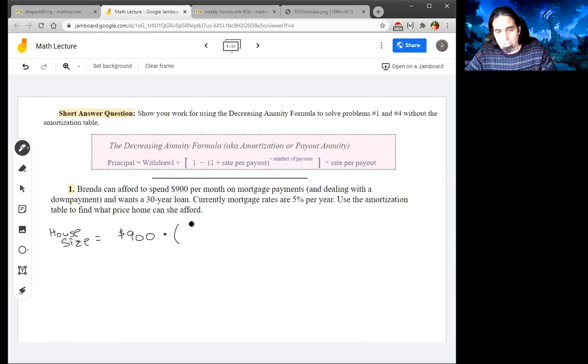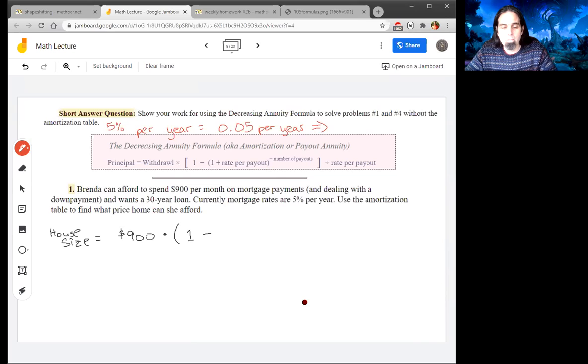Start our parentheses. So 1 minus 1 plus the rate per payout. 5% per year. So I want to change that into a rate per payout.